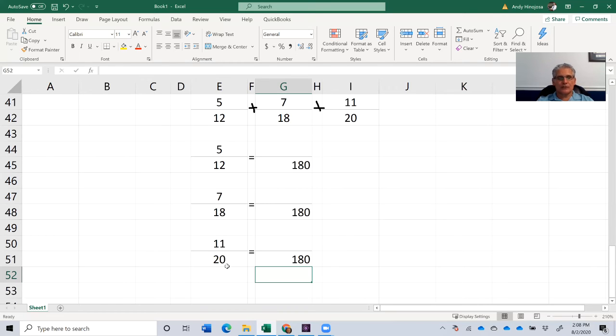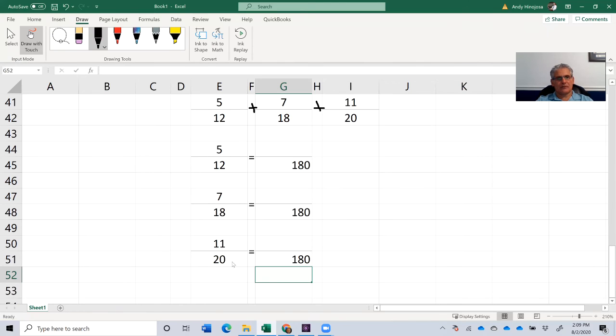Now to do this, we're simply going to go, what I used to refer to, or what I was taught, was the backwards Z. So we'll start from the 20. We'll figure out how many times it can be divided into 180. Whatever that number is, we'll take that and multiply it by the numerator. In this case, it's 11. And the result will go here.